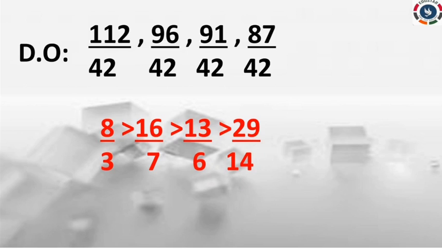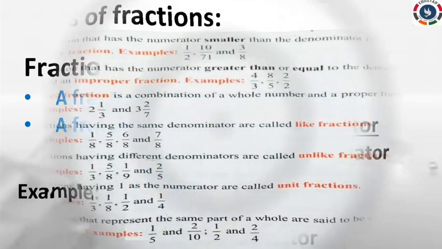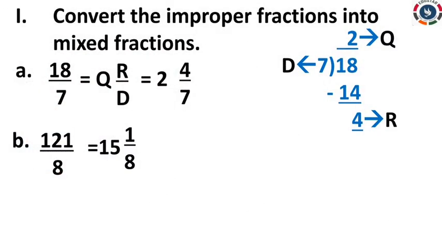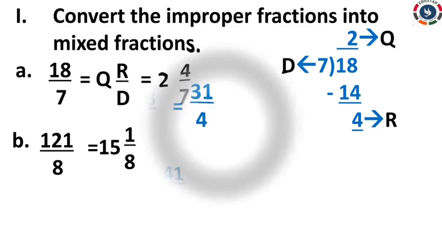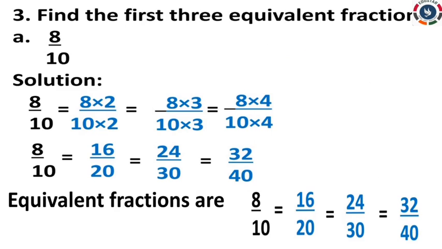Today, what all you want to complete in fractions: types of fractions. Convert the improper fractions into mixed fractions. Convert the mixed fractions into improper fractions. And find the first three equivalent fractions.